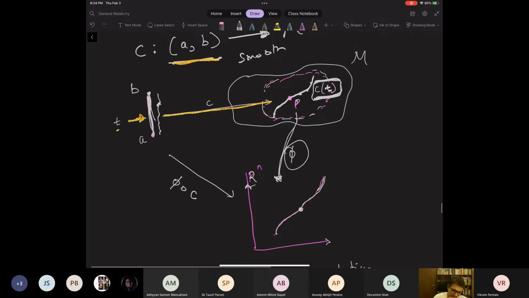Now I can think about the map directly from AB to this coordinate patch. This map could be something like phi circle C.